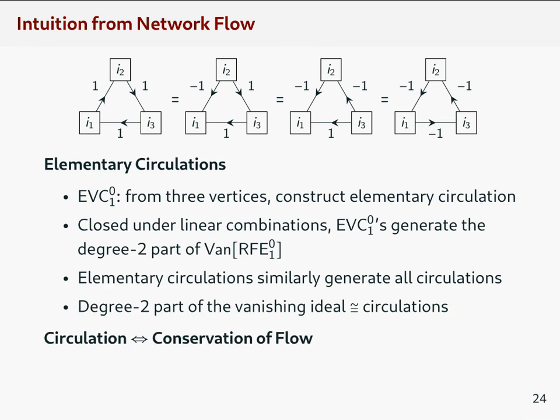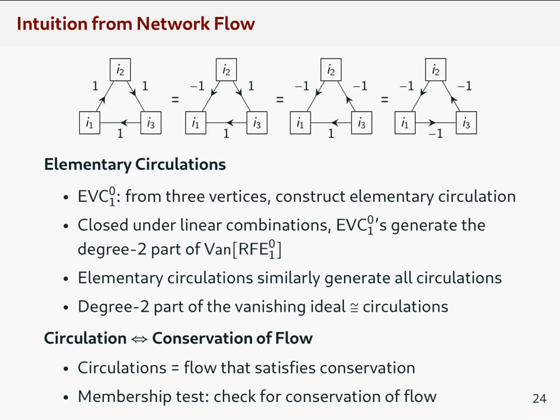There's also this understanding of circulations as these flow-like objects that satisfy conservation. So at every vertex, the flow in equals the flow out. And you can apply this characterization to this understanding of EVC and the vanishing ideal, and it turns out that our membership test is just a way of restating conservation of flow in this representation.